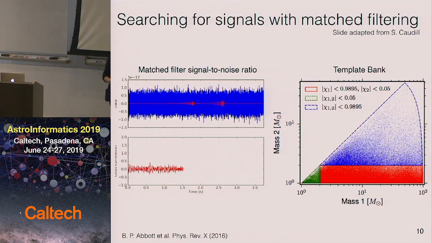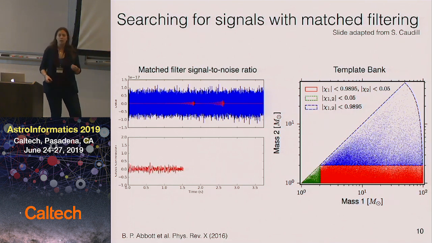Here we define mass 1 to be the heavier of the two component objects, and mass 2 is the lighter. We can also reduce the computational expense of our analysis a little bit further if we make astrophysically motivated spin constraints, which we choose to do for neutron star-like objects, where we have those spin measurements. So we populate our template bank. This is about 250,000 templates.